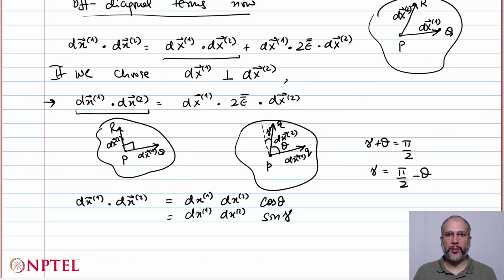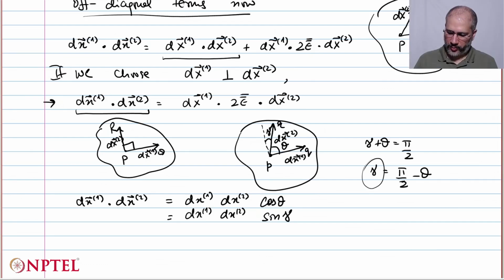And since gamma is small, as we just said, that it's a small deformation, the change in the angle from pi by 2 in the undeformed configuration is to an angle which is pi by 2 minus gamma. So gamma is a small value. If gamma is small, then we can write sine gamma is approximately equal to gamma.